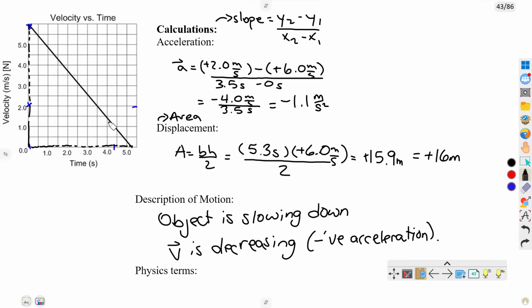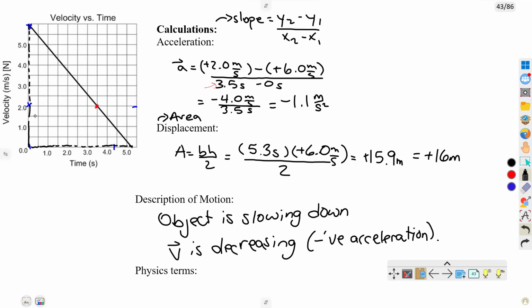Again, you can pick your spot anywhere you want to. It looks like in this particular example, they're putting this as our spot. So the change in time is 3.5 seconds, that's 3.5 minus 0.